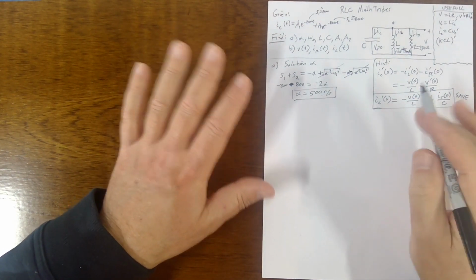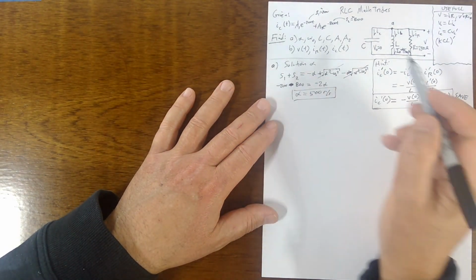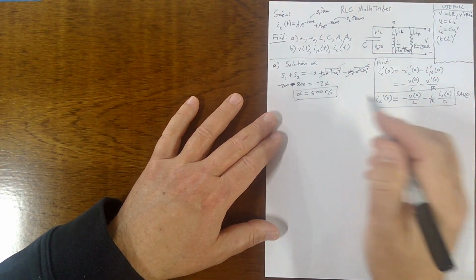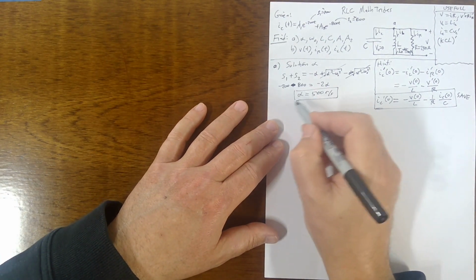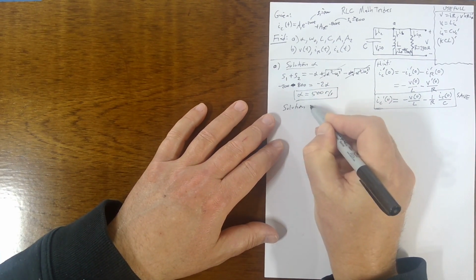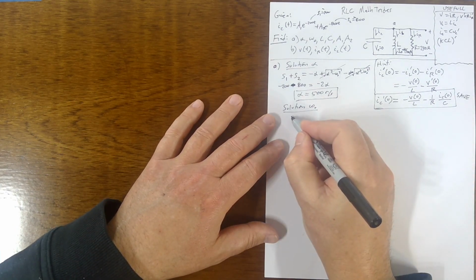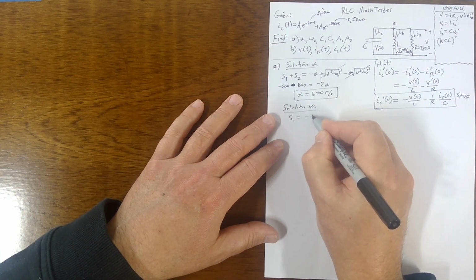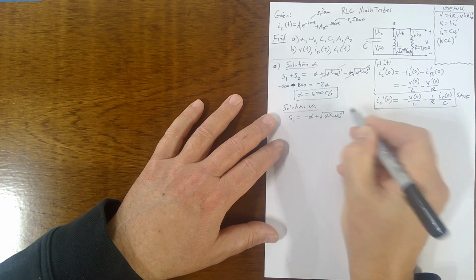So it's a trick that is improbable, but there it is. Okay, that was the solution for alpha. So the solution for omega 0, we can go back to our formulas for S1 and S2. S1 is minus alpha plus root alpha squared minus omega 0 squared.